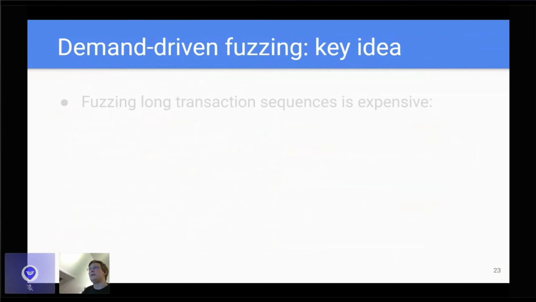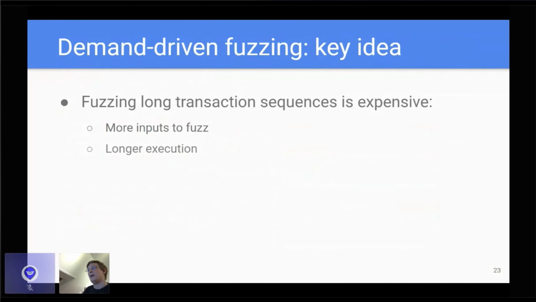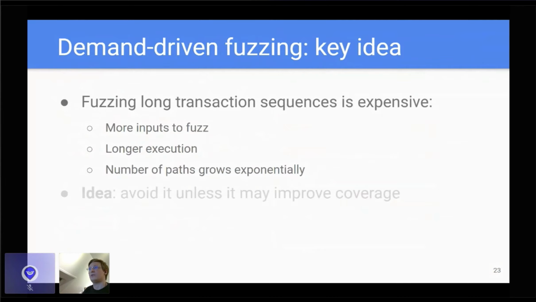Again, the key idea is to avoid fuzzing long transaction sequences because it's expensive. You have more inputs to fuzz, it takes longer to execute each sequence, and the number of paths grows exponentially the more transactions you consider. So the idea is to avoid this as much as possible unless you know that it actually improves coverage.